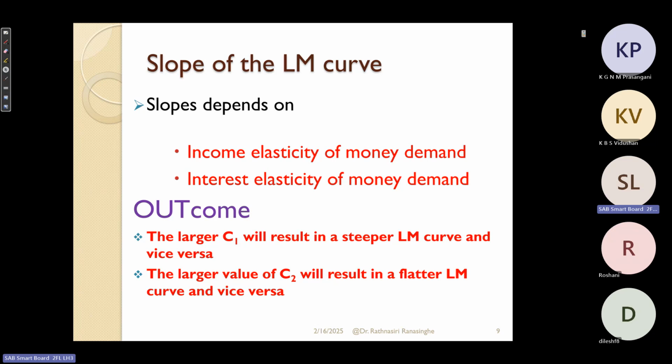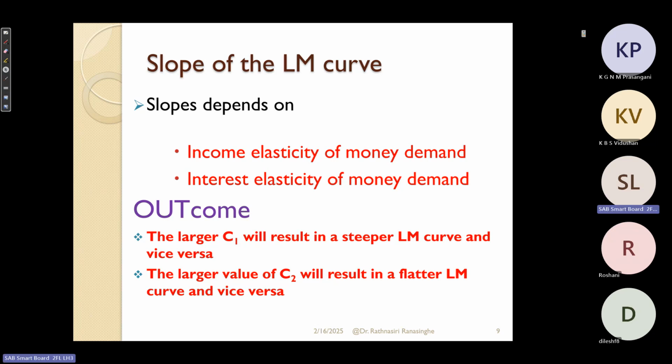What happens? Steeper. If there is a strong relationship between income and money demand, normally we get a steeper LM curve. But if there is a lower sensitivity between income and money demand, you get a flatter LM curve.